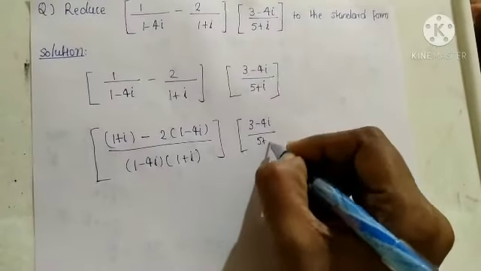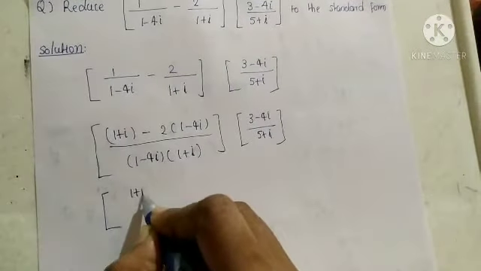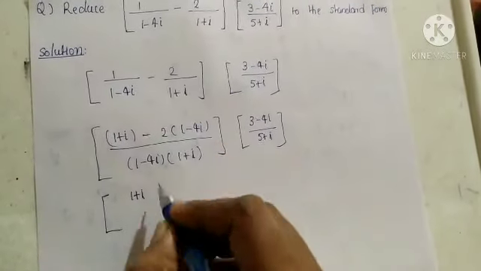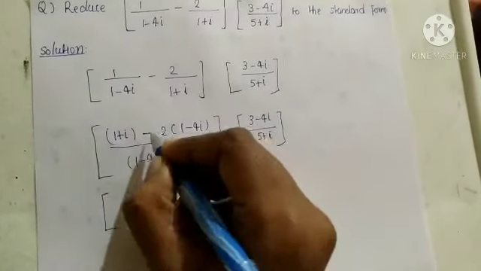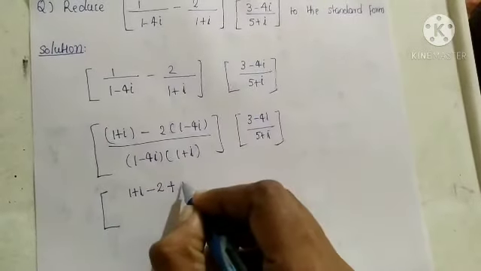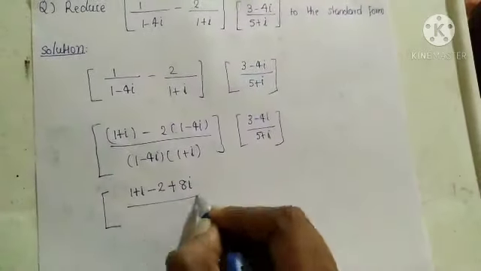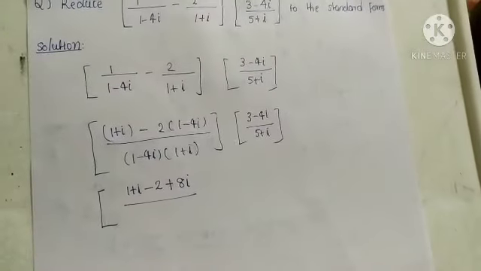Here in the numerator, opening this bracket, it will become minus 2 into 1 is minus 2, minus 2 into minus 4i will become positive 8i, whole divided by, and also multiply the denominator term.